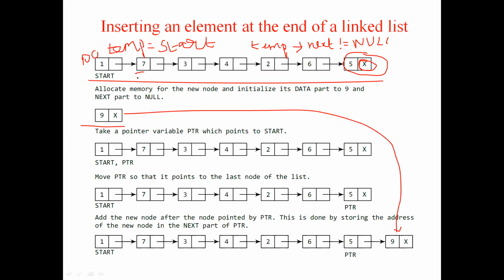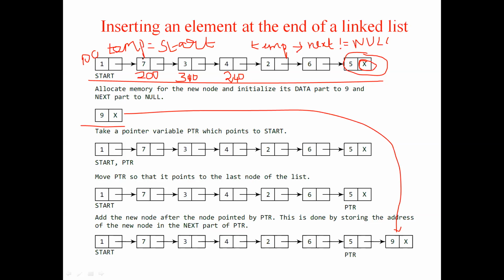Let's say the address of the second node is 200, or 300, something like that. Let it be 310, or this can be 240. It depends upon the space; wherever the space is there, it will be allocated.